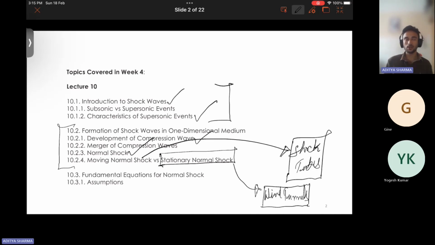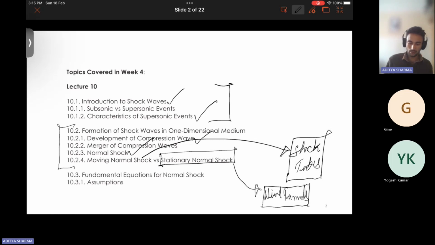If we want to simulate such shocks in our laboratory environment for study purposes. All right. Then in real scenarios also, moving shocks are quite common. Like if there is a blast, okay, that shock is obviously a moving shock. All right.